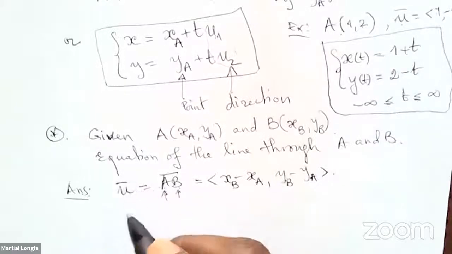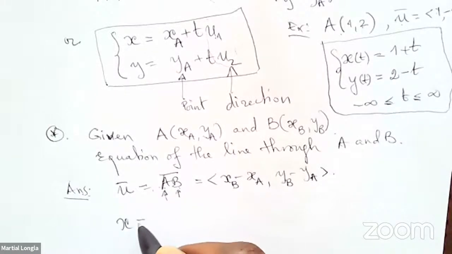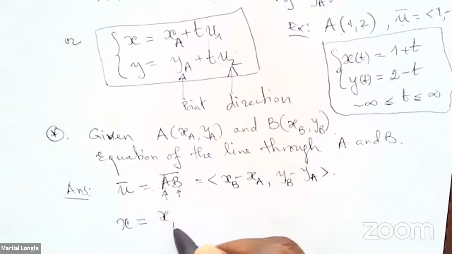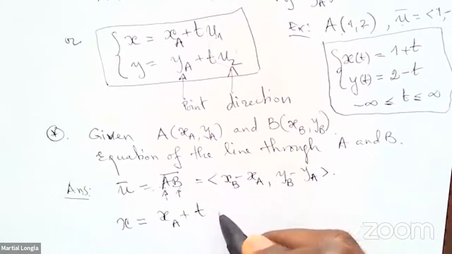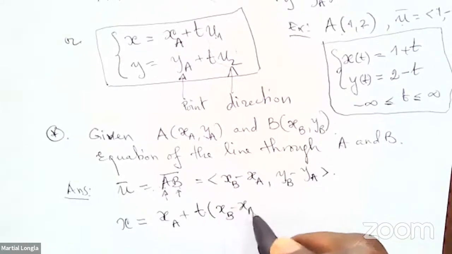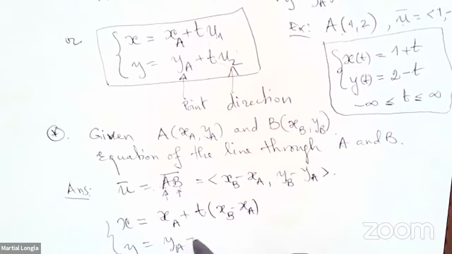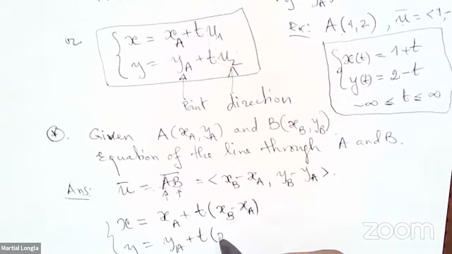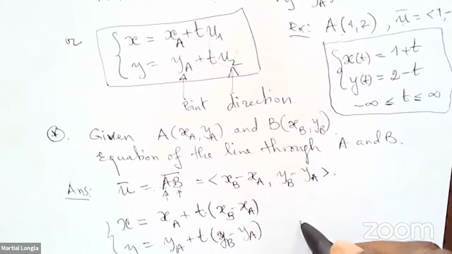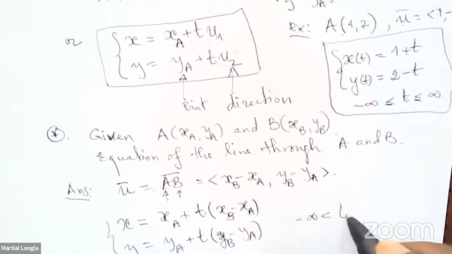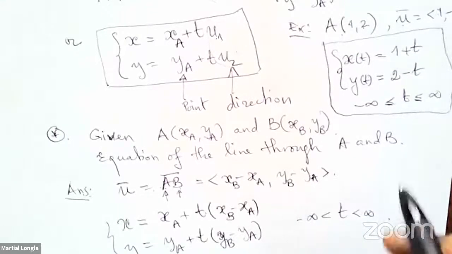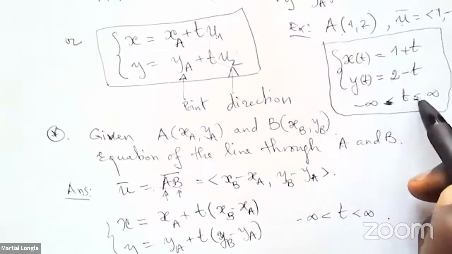Yes. And so here, I'm going to say x is equal to xA plus t times (xB minus xA), y is yA plus t times (yB minus yA), negative infinity less than t less than infinity. Here, you didn't need to put the or equal, right?